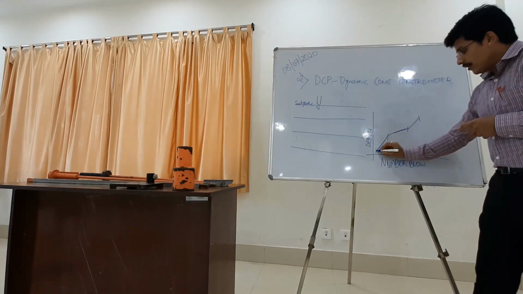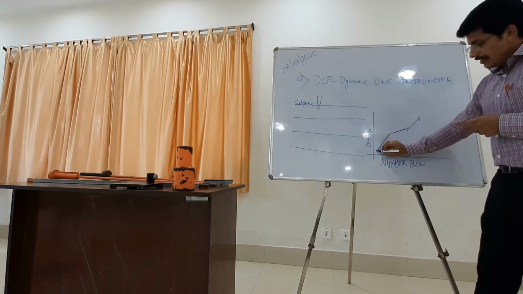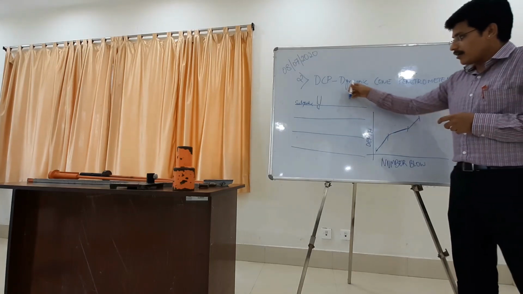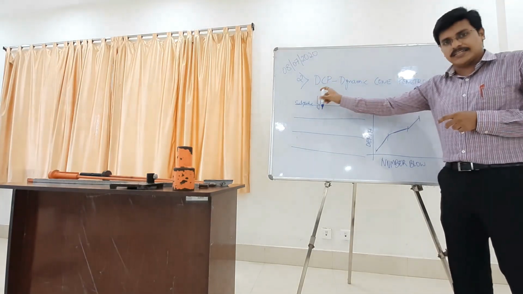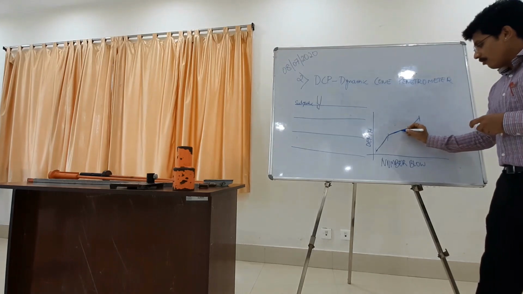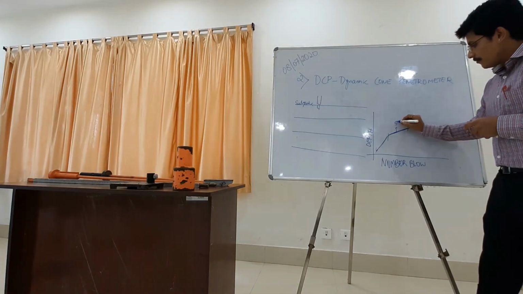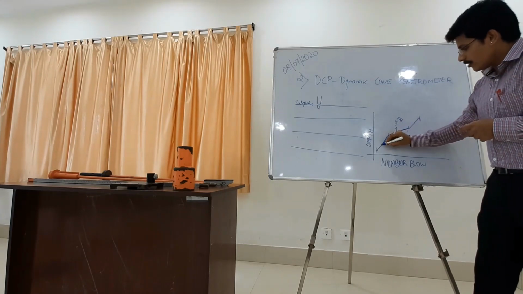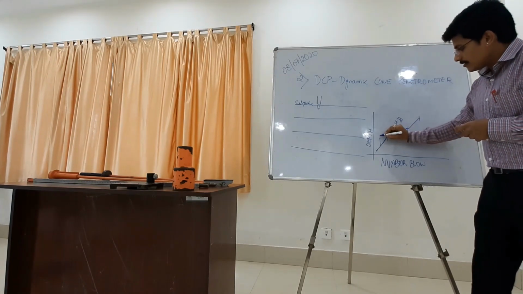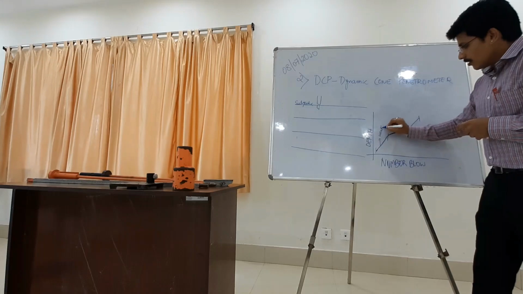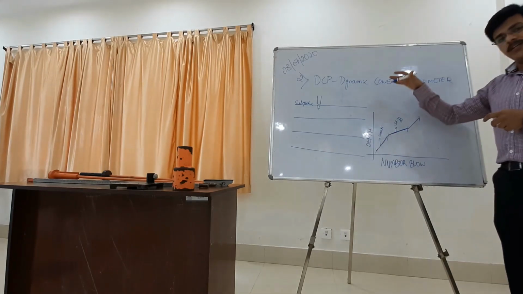This is a very weak soil, because with increasing blows, this DCP penetrates very easily. But here, with increasing number of blows, it is not penetrating more. It is stiff soil, or stiff layer. This is a weak layer. So this basically classifies how the soil is below the subgrade.